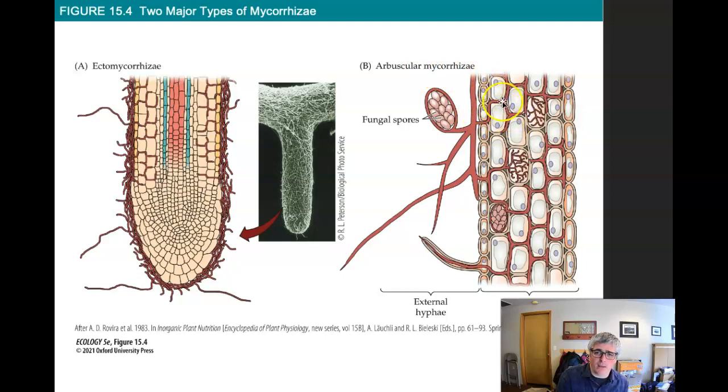They're forming around the cells, but in some instances they're penetrating within the cell. So the big difference here is penetration of the cell wall. If the mycorrhizae fungi are breaking into the cell wall, then it's an arbuscular mycorrhizae, compared to an ectomycorrhizae, which may be within the root itself, right? But it's not penetrating the cell wall.